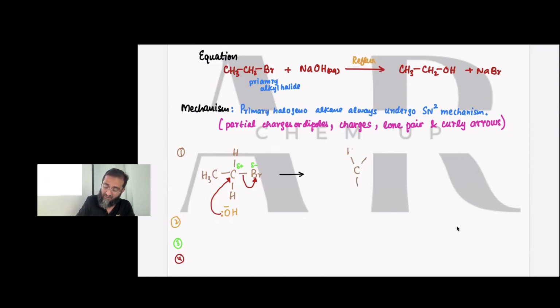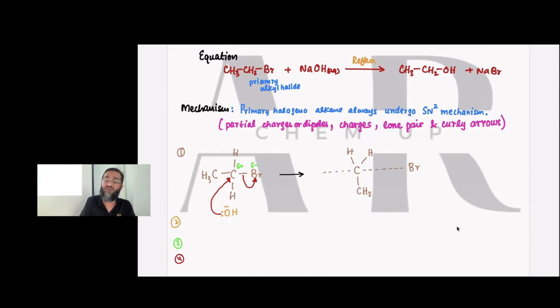So there are two hydrogens and one CH3, right? Now, this bromine's bond is going to be broken, so I'm going to show it with the dashed line and put the bromine at the end. And the oxygen of the OH is making the bond, so I'm again going to put this with the dotted line, which indicates that this bond is being made.